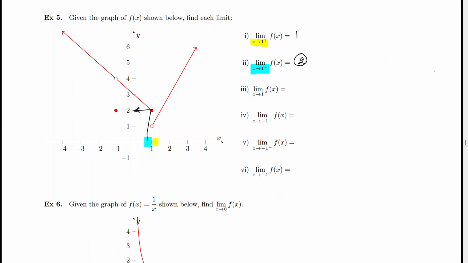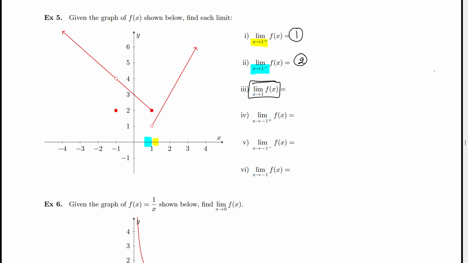So we already have 1 for the right-sided limit. So if I'm coming from the right to the left, I got 1. If I go from left to right, I get a 2. And now the question is, what's the limit as x approaches 1 regardless? So remember, this is kind of a double question. It's like 2 questions in one. It's asking you to not pay attention to the direction.